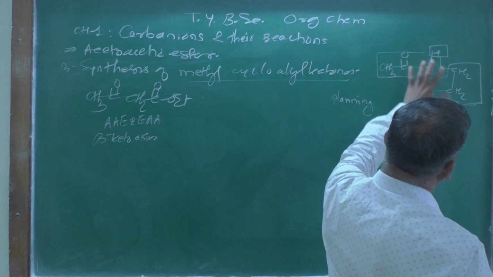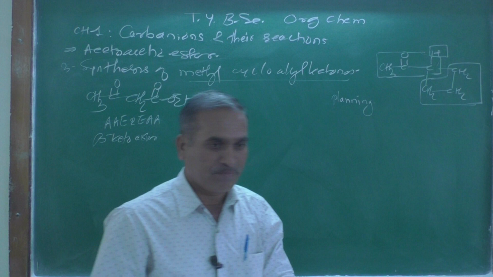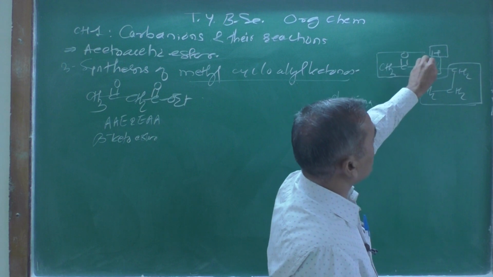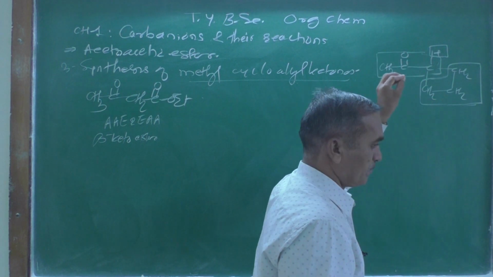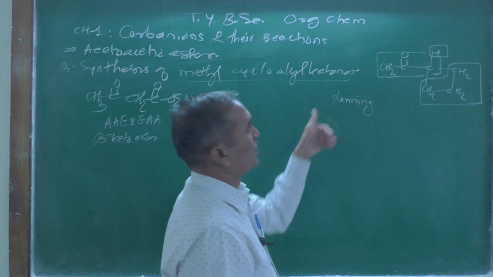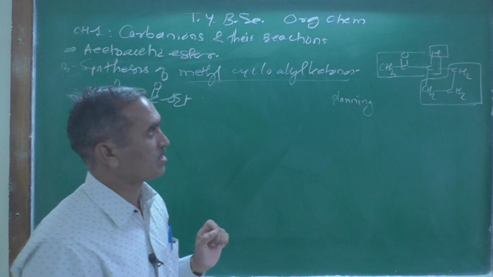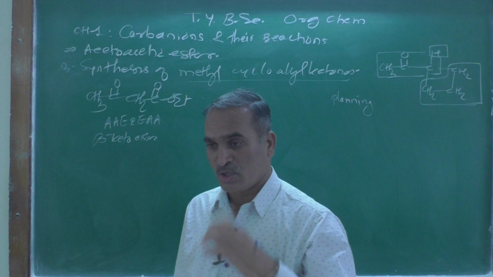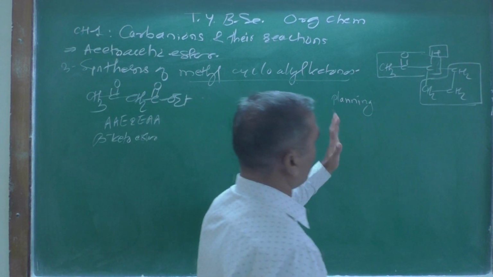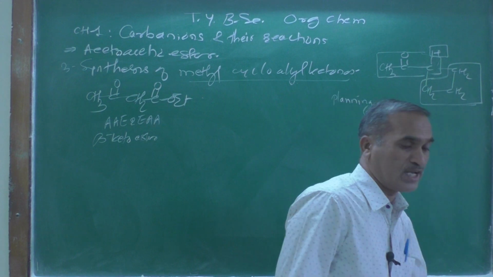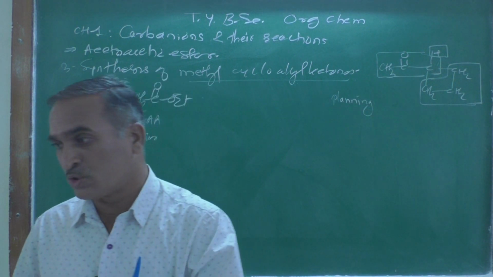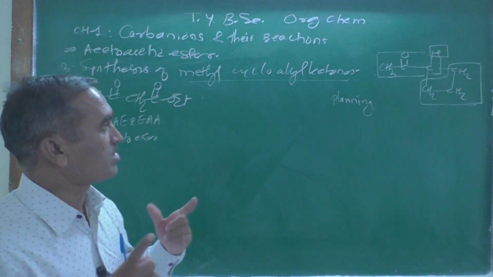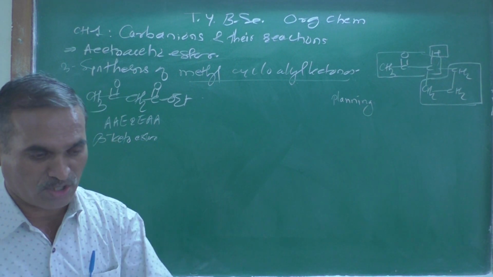We analyzed the target molecule and inferred that this part is coming from the acetoacetic ester, because we are asked to synthesize this final product starting from the acetoacetic ester, not from the alkyl halide.